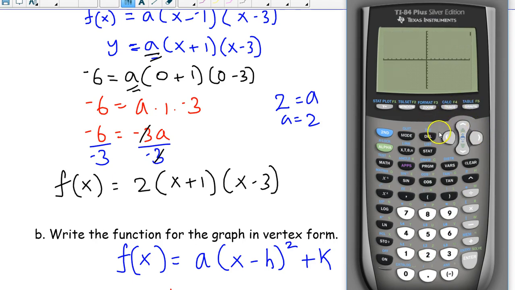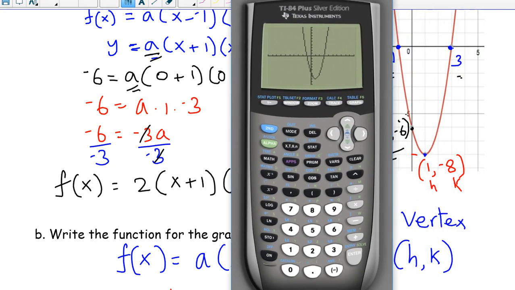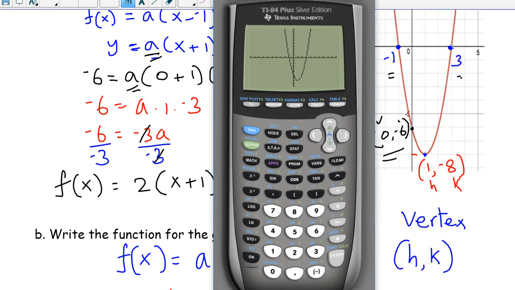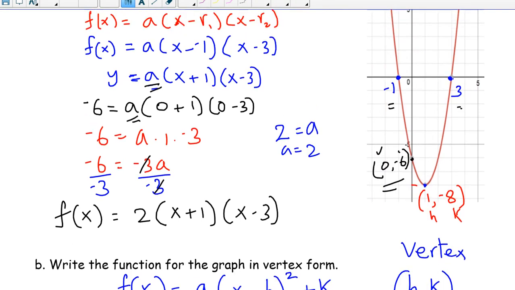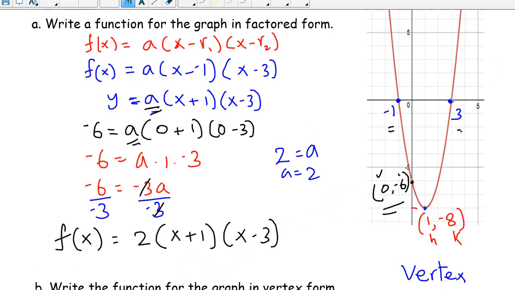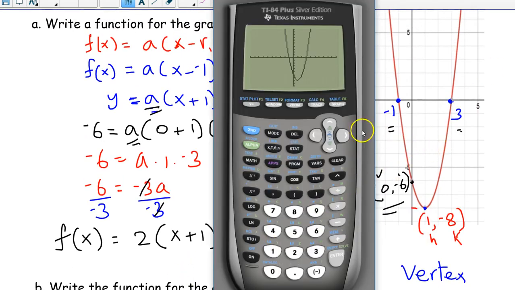Hit the graph. But is it looking like this exactly? It is almost the same, and if you handle the window here, you can get it exactly like here. Let me go to 5 and 5, and for y I'll take 10. Negative 5 for x.